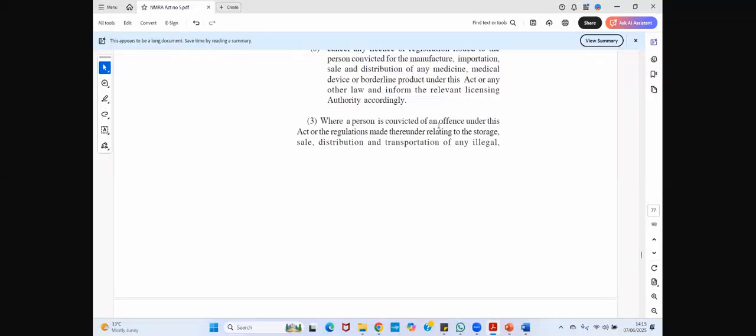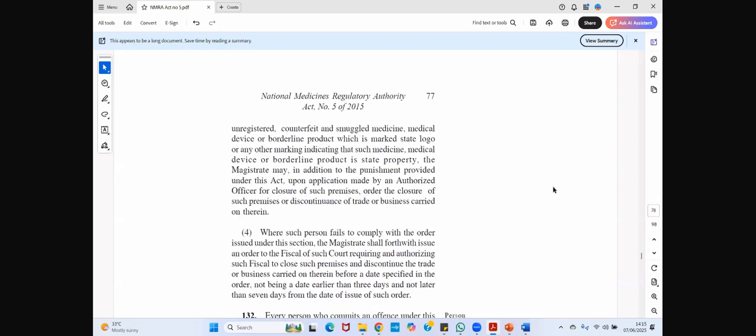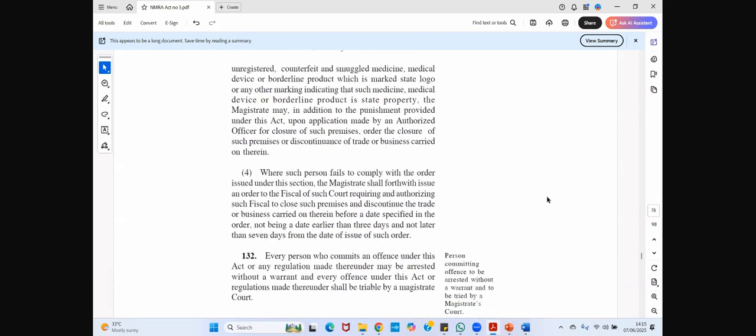Where a person is convicted of any offense under this act or regulation made thereunder relating to the storage, sale, distribution, and transportation of any illegal, unregistered, counterfeit, or smuggled medicine, medical device, or borderline product which is marketed with a state logo or any other marking indicating that such product is state property, the magistrate may, in addition to the punishment provided under this act, upon application made by an authorized officer, order the closure of such premises and the discontinuance of the trade or business carried on there, right?